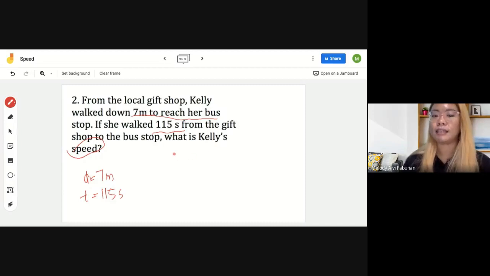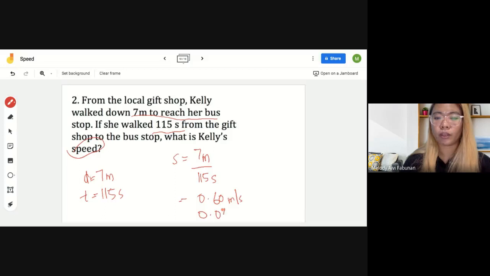So you can go directly to our equation of speed, which is distance divided by time: 7 meters divided by 115 seconds. Our final answer is 0.06 meter per second, or 0.061 rounded up.